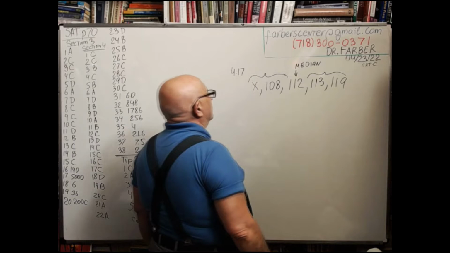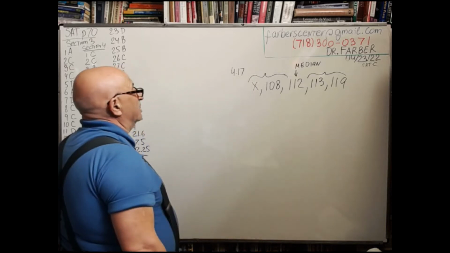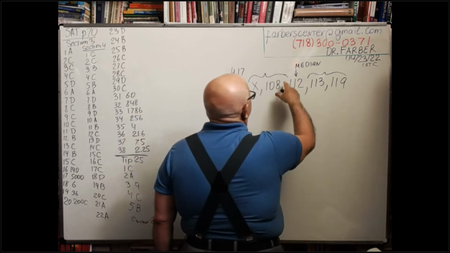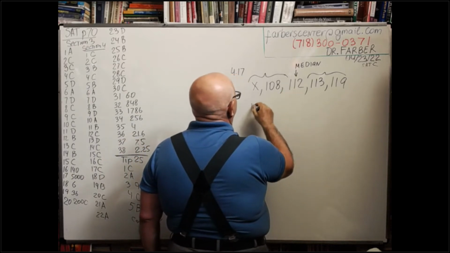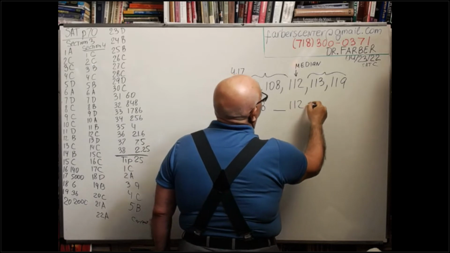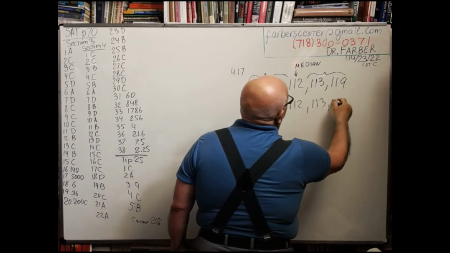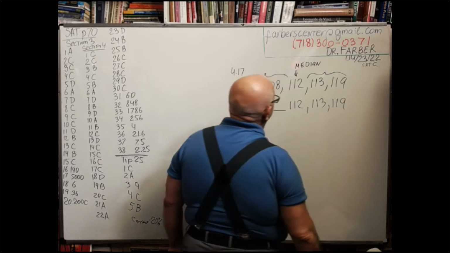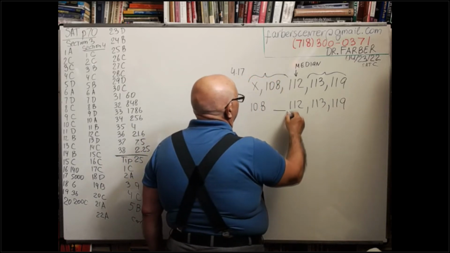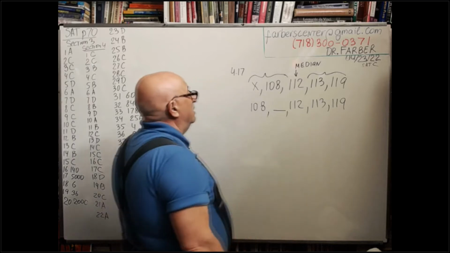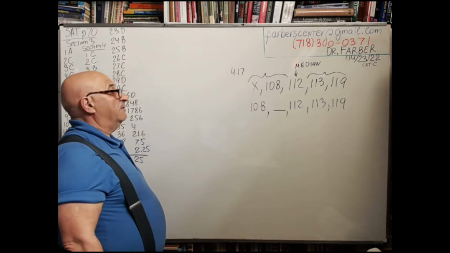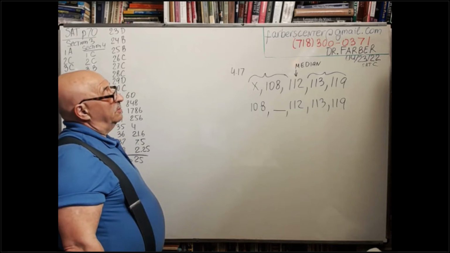So we have the least and the second smallest. In order to have it the biggest, I would write this: 108, blank, 112, 113 and 119. They don't say the numbers are supposed to be distinct. Can I have the same two numbers? Why not?